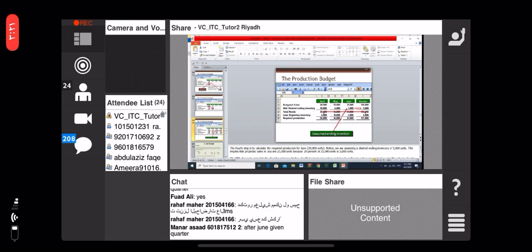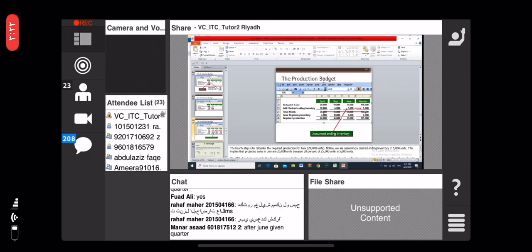For the total amount of units to be sold for the quarter, you calculate 20 plus 50 plus 30. It will be 100 units to be sold.